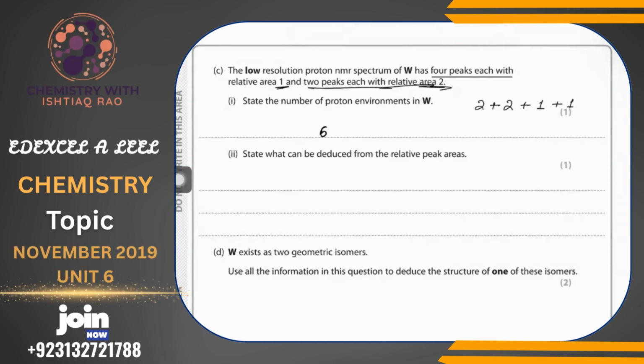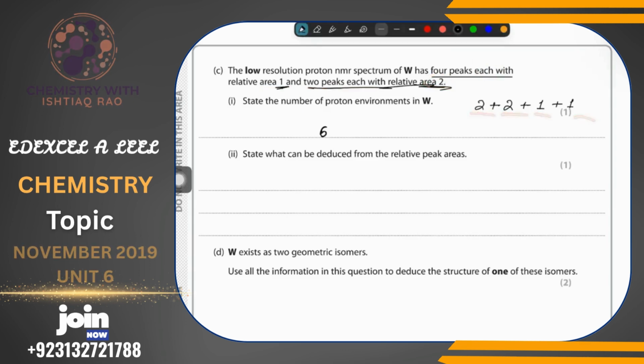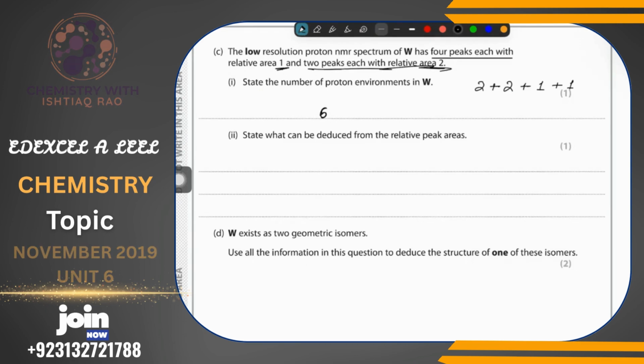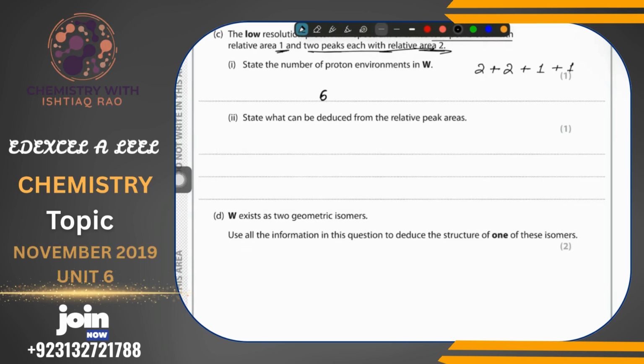So they are saying W has four peaks each with a relative area of 1, and two peaks each with a relative area of 2. So 2 plus 2 and then 1 plus 1. What can be deduced from the relative peak areas? The number of protons in each environment, right?